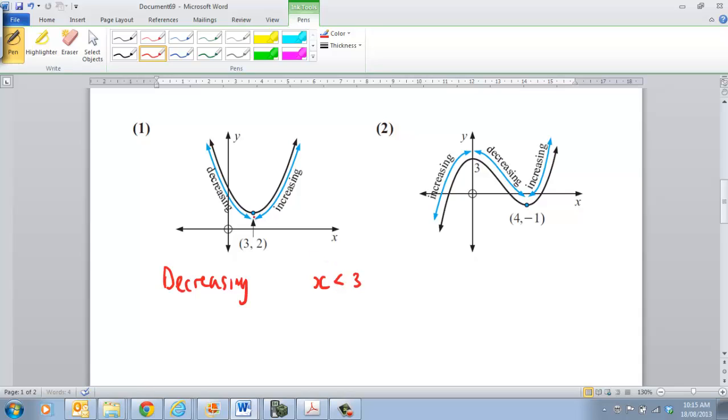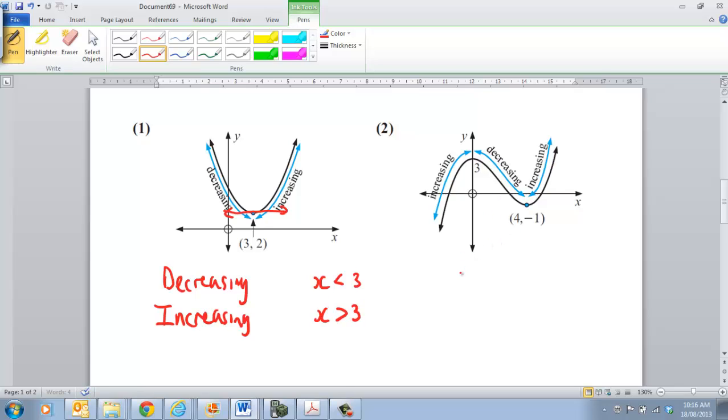We're not going to make it equal to 3 because at that particular point it's not decreasing or increasing. In fact, it's stationary, isn't it? So we'd say it's increasing for x greater than 3.